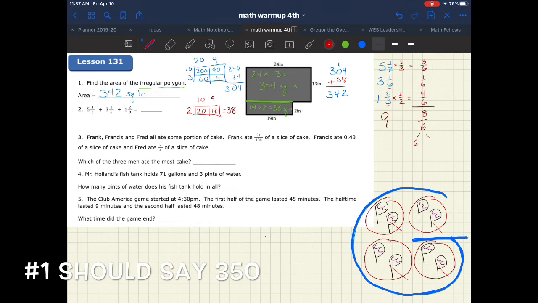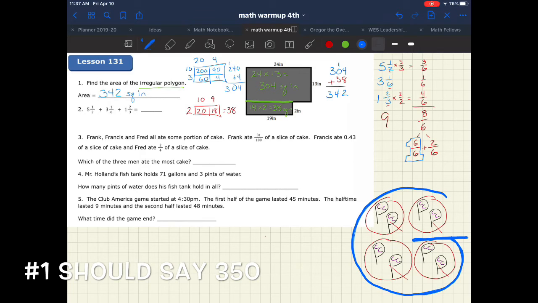So 8/6 can be thought of as 6/6 plus 2/6. That 6/6, of course, is 1. There's my fancy 1. So 8/6 is really 1 and 2/6.